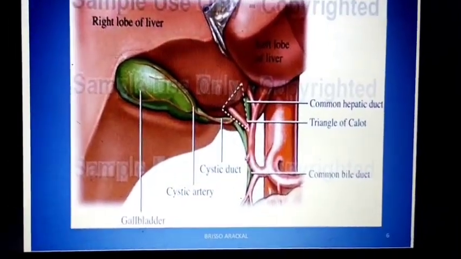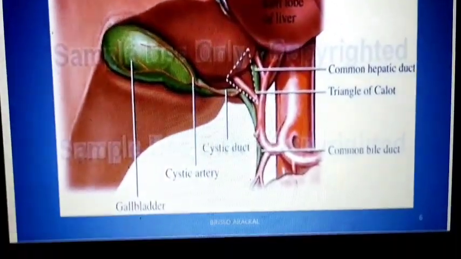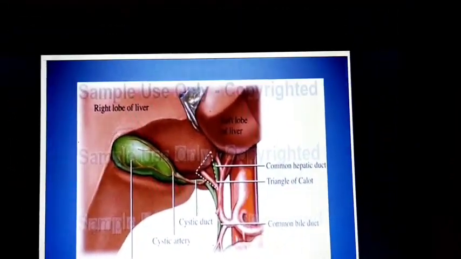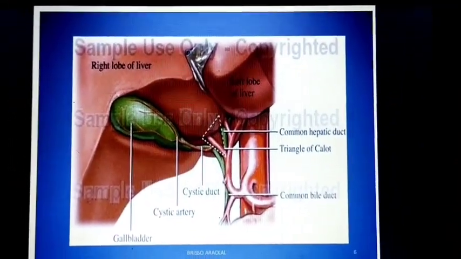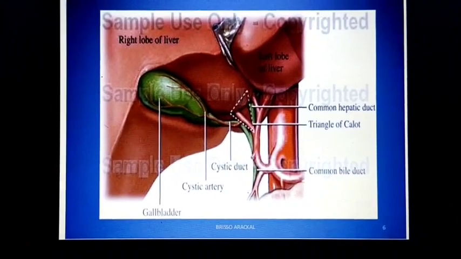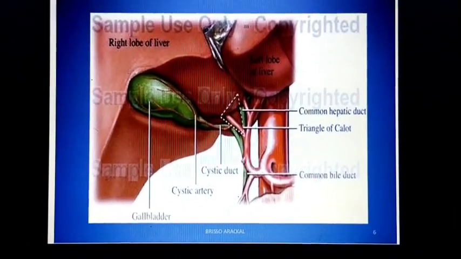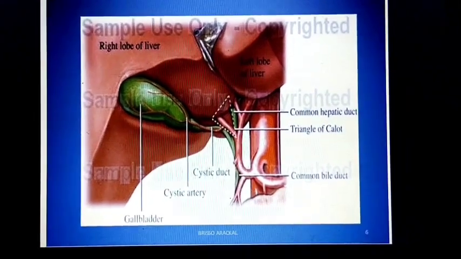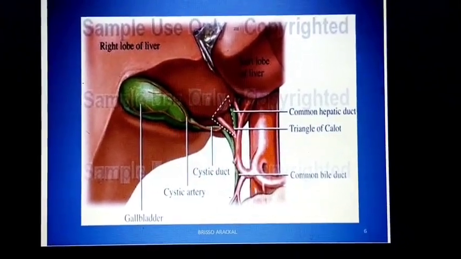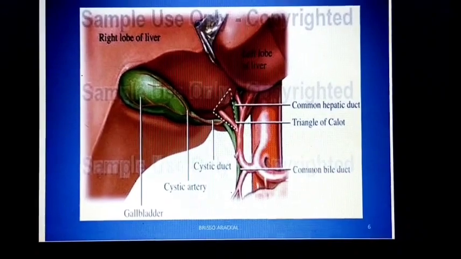Good afternoon everyone. Now we can go for the anatomy of the gallbladder. The gallbladder is a small pouch that sits just under the surface of the liver, or just below the liver.